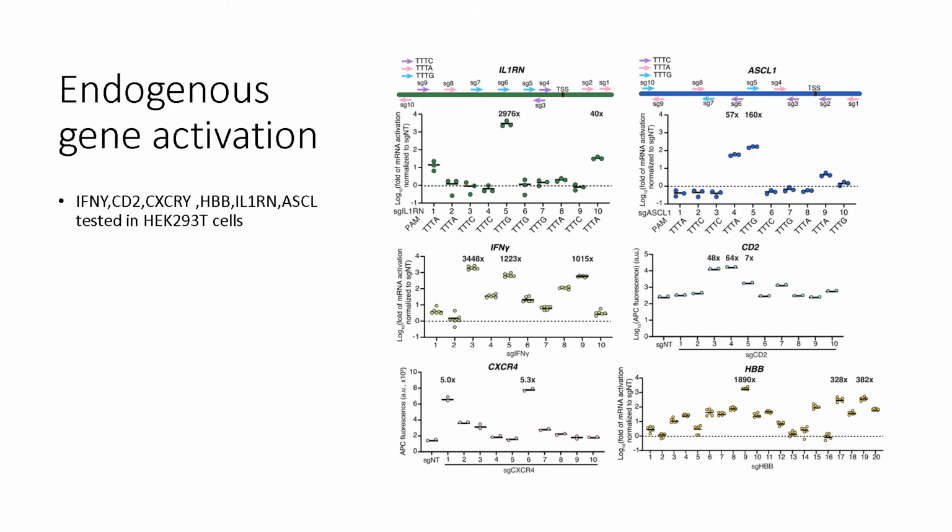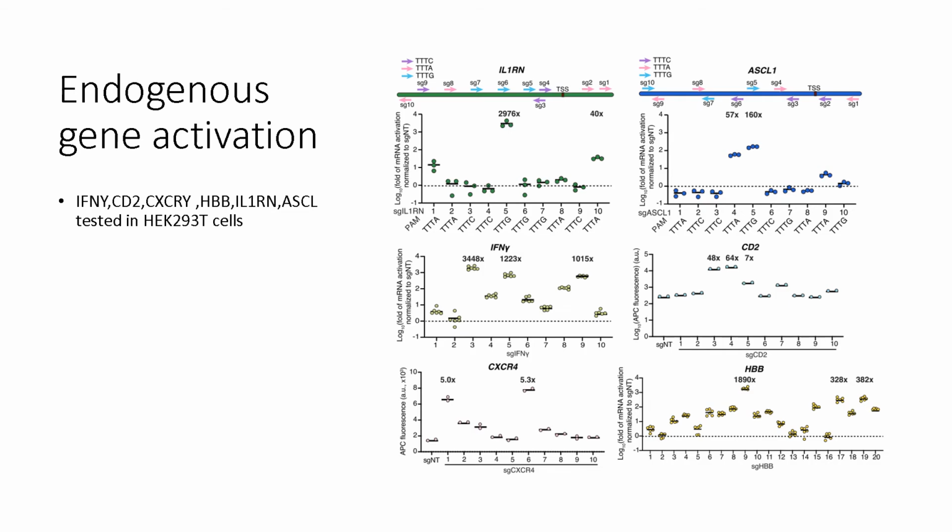We characterized activation in these cells using a library of single guide RNAs for human endogenous genes: interferon gamma, CD2, CXCR4, and VEGFA. Ten single guide RNAs were tested for every gene except for VEGFA, for which 20 single guide RNAs were tested, and we show the fold of mRNA activation.